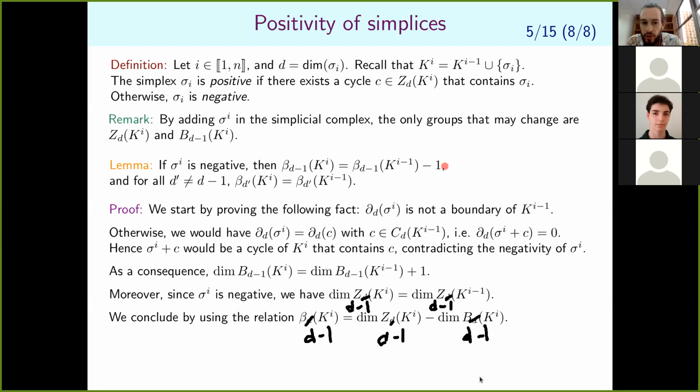So I just proved here that the Betti number in dimension d minus 1 is decreased by 1, and you can prove in the same way that the other Betti numbers remain the same.